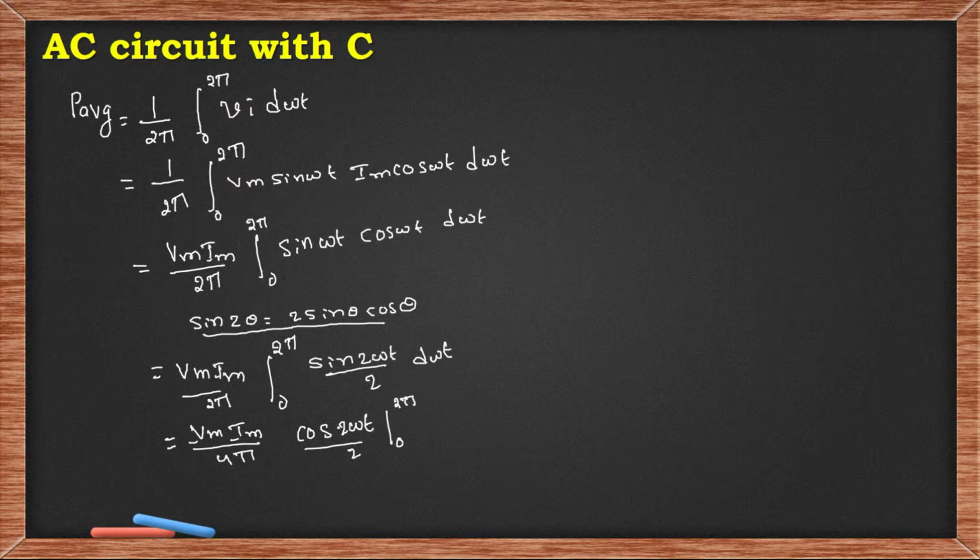Okay, so let us substitute the limits here. Then the average power P average is equal to minus Vm Im by 8 pi times cos 4 pi minus cos 0, after substituting the limits.